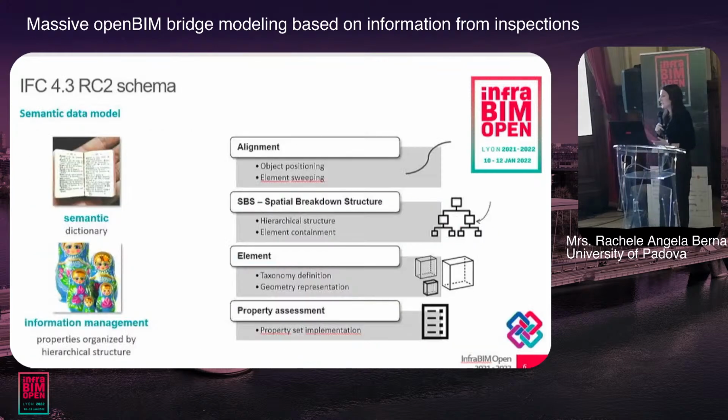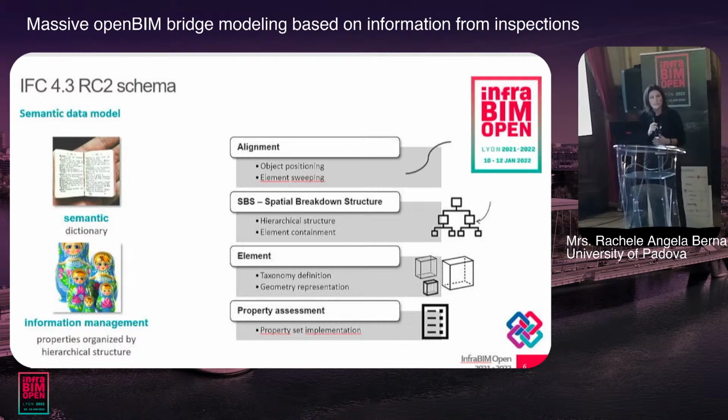Okay. On the opposite side, what we take from the IS schema actually was the semantic and the dictionary, so the use of the element and the organization, and also how to manage the information and how to create the relationship between elements and between the spatial structure.